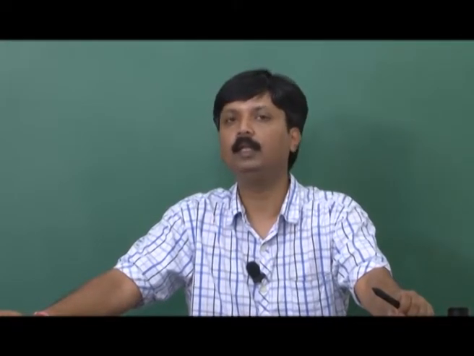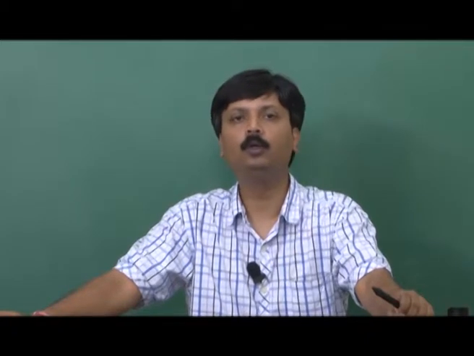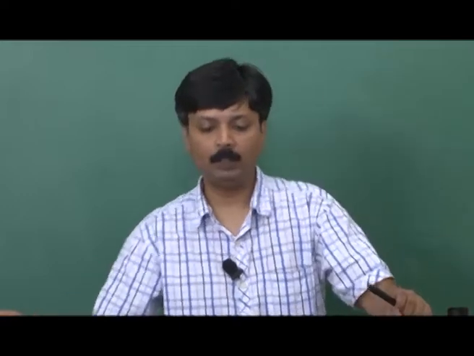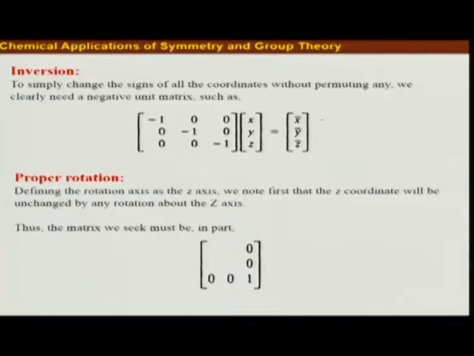What does that mean? x will become minus x, y will become minus y, z will become minus z. So you get from the x, y, z column vector to the minus x, minus y, minus z column vector. Here minus x, minus y, minus z are represented by writing x bar, y bar and z bar, which we have come across in one of the previous lectures.